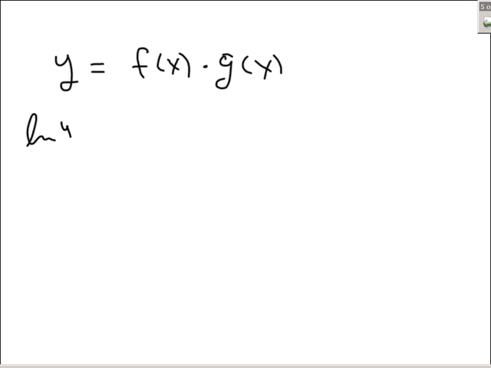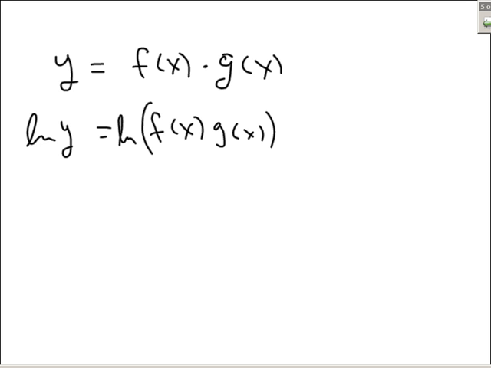In fact, even if you don't have logs, you don't have to use the product rule anymore. If you have y equal to, say, one function times another function, you don't have to use the product rule anymore. Why? Because you can take ln of both sides.